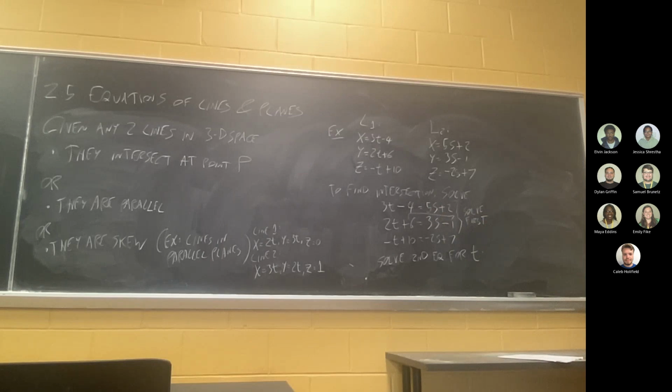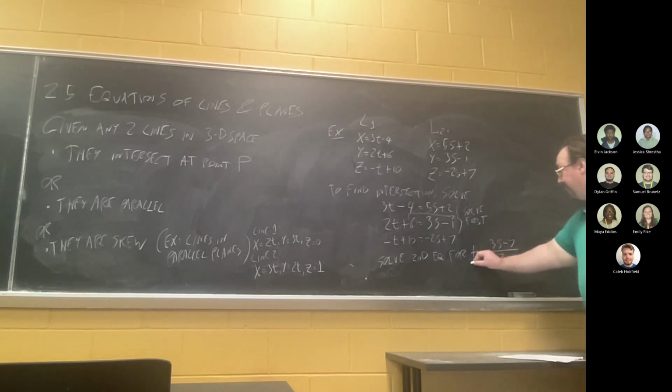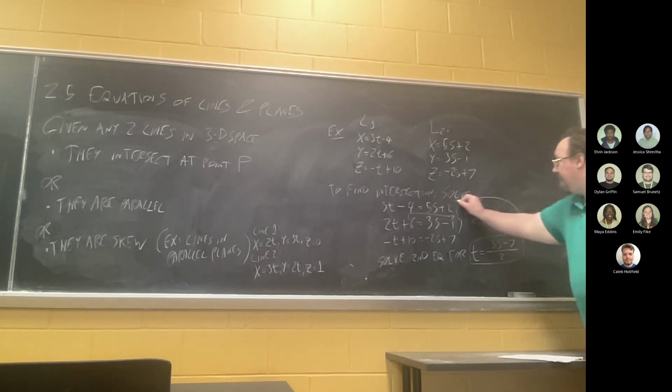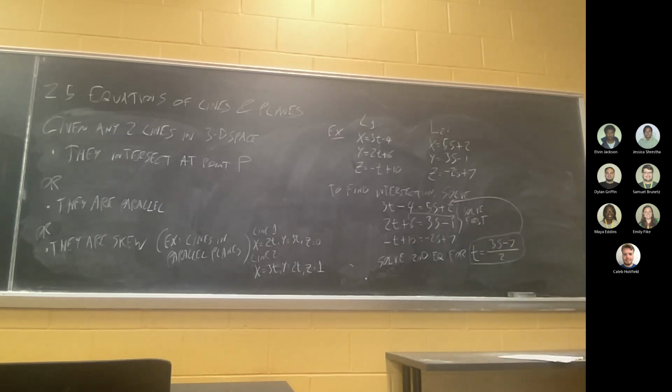So I have 2t is 3s minus 7, so t is equal to (3s minus 7) over 2. So at least I have an expression for t in terms of s. And then I can substitute this expression for t into the first equation.